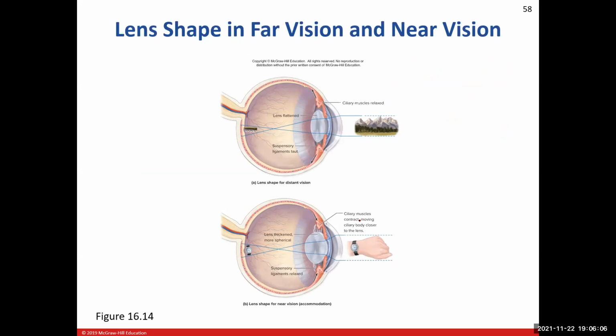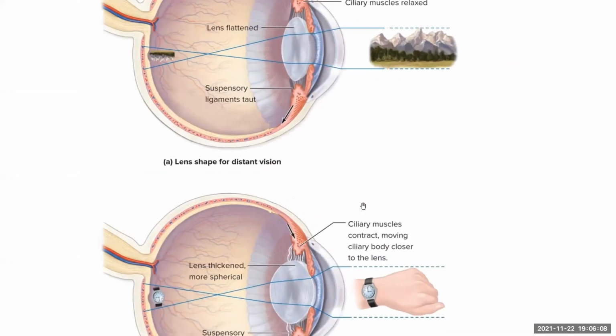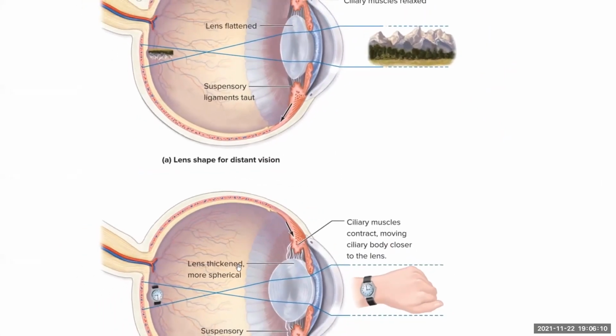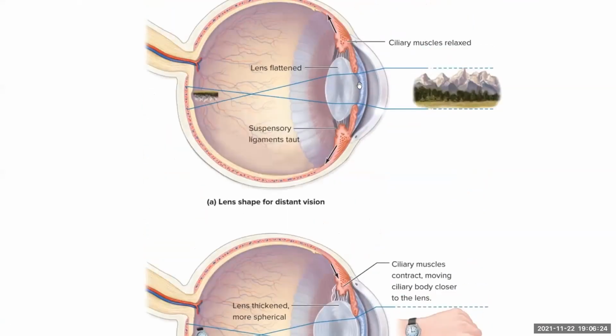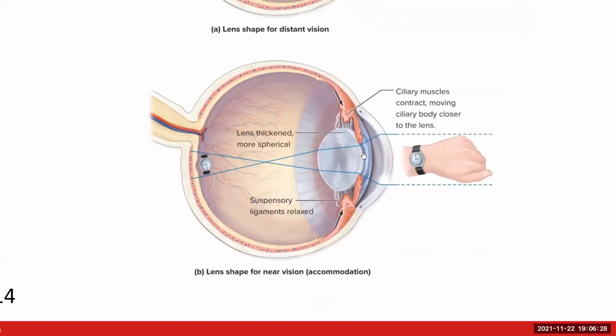Let's zoom in down here at the bottom real fast. So here is our accommodation. Both the eyes move medially. You'll notice the pupil is dilated here, and the pupil is constricted here.